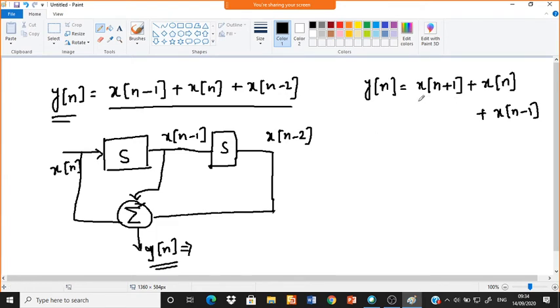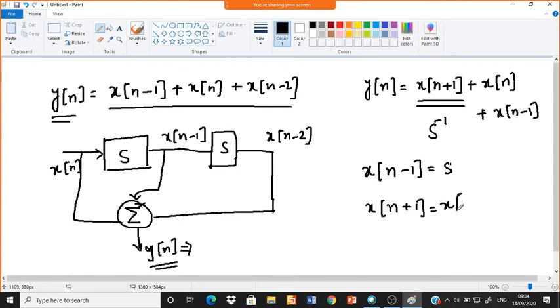We can represent it as s power minus 1, because we have taken x of n minus 1 as s. So if n plus 1, we represent it as x of n minus of minus 1.